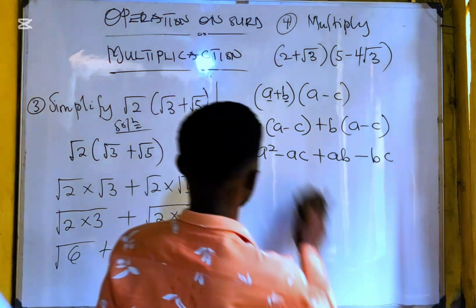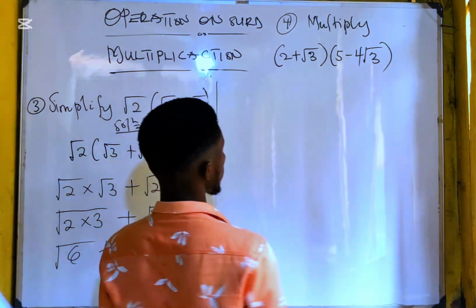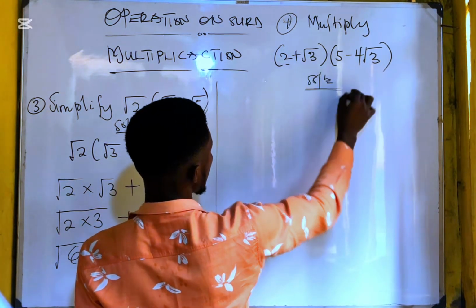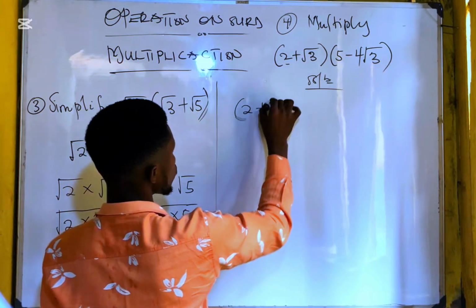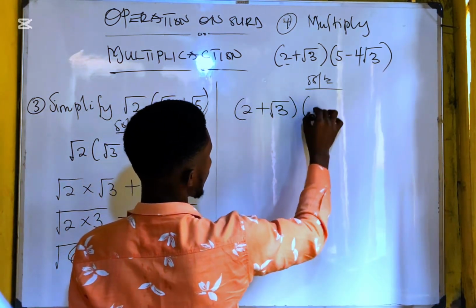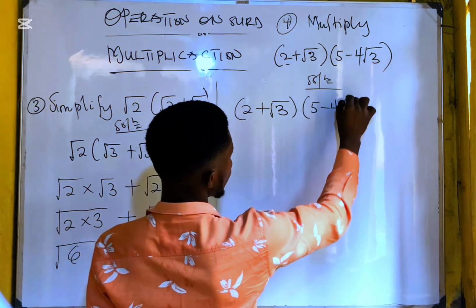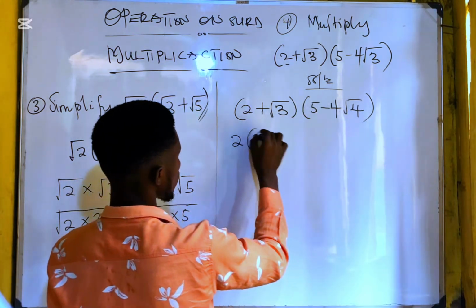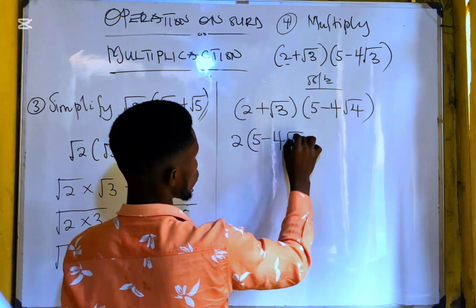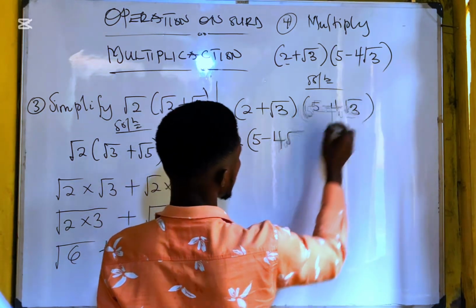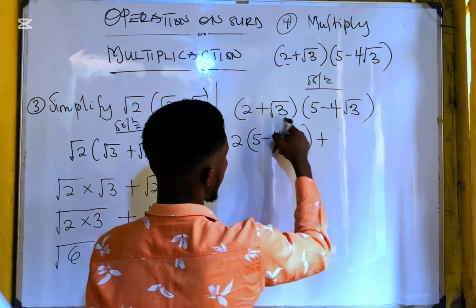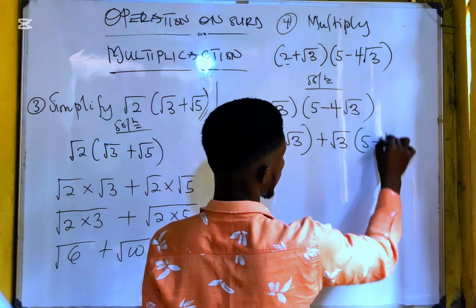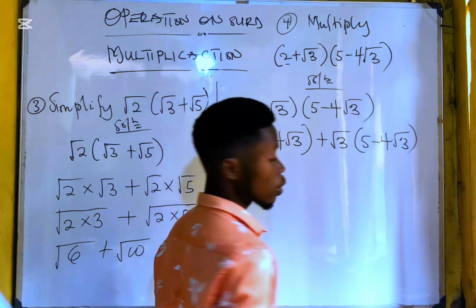So let's apply the same concept to this question. This is the question, 2 plus root 3, 5 minus 4 root 3. So when I take the 2, I'll multiply it by the whole of this, which is 5 minus 4 root 3. When I take the root 3, I'm going to multiply by 5 minus 4 root 3. Is that okay?